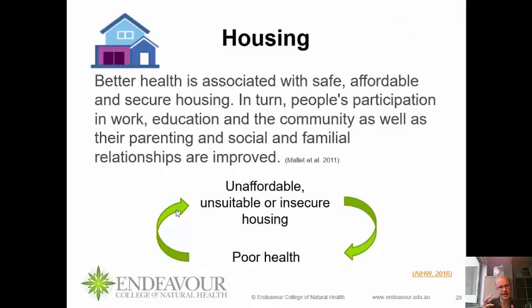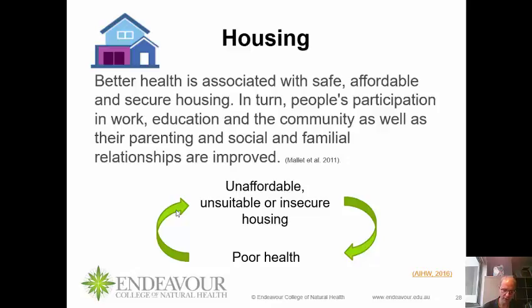Similarly, with housing and health, we can see the dynamic relationship, or the two-way relationship between the two things there. So there's a gradient in the relationship between health and quality of housing. So as the likelihood of living in so-called precarious housing increases, so that's unaffordable, unsuitable, or insecure housing, as that increases, the likelihood of poor health increases as well.